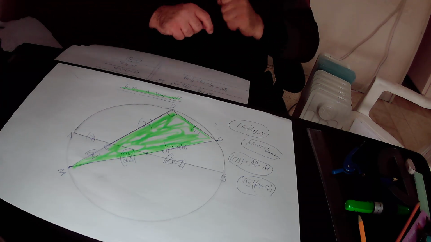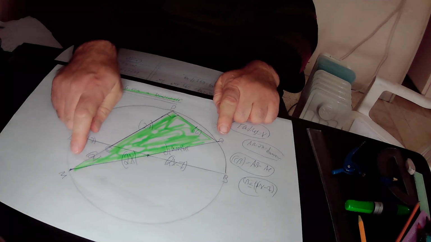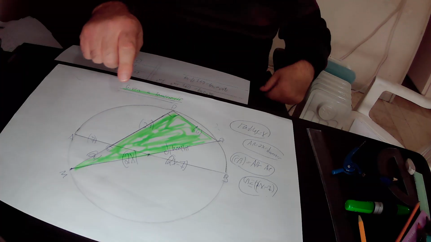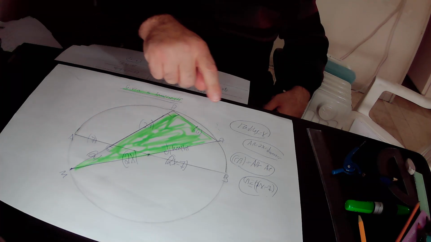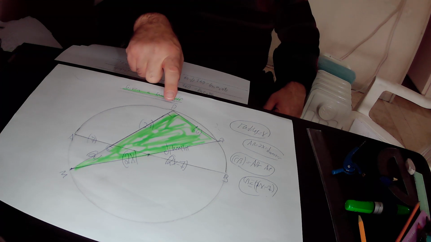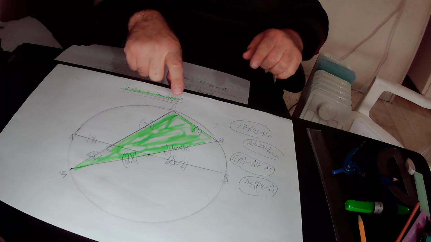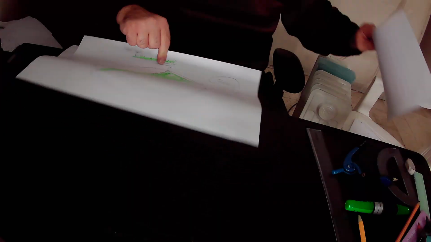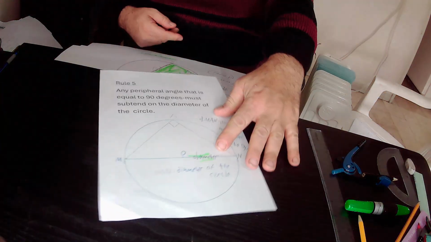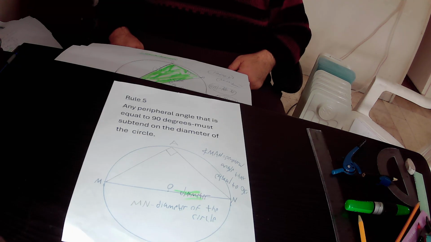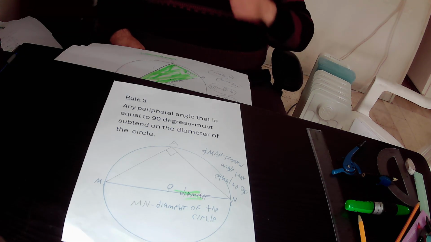In the next step, we join points Q and M together by a line. By joining points Q and M, we get the right angle MPQ, which is an inscribed angle subtending chord QM. Angle MPQ is a right angle, so here we can implement another theorem. According to it, any inscribed angle equal to 90 degrees must subtend the diameter of the circle.